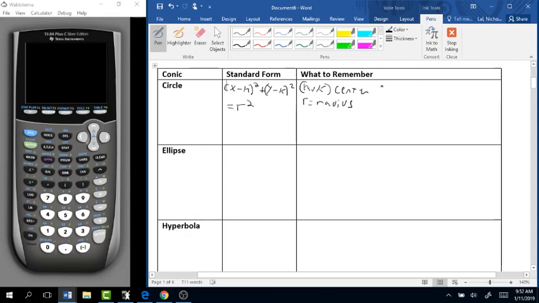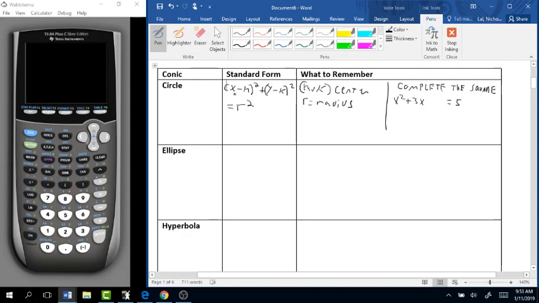Another thing to remember is how to complete the square. For example, let's say you have x² + 3x = 5.